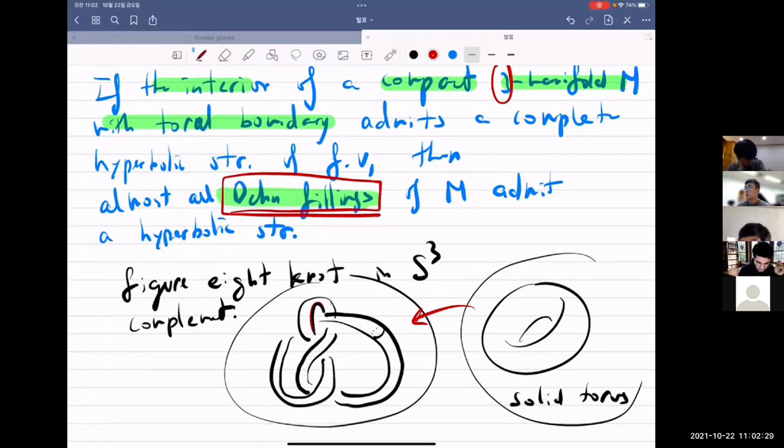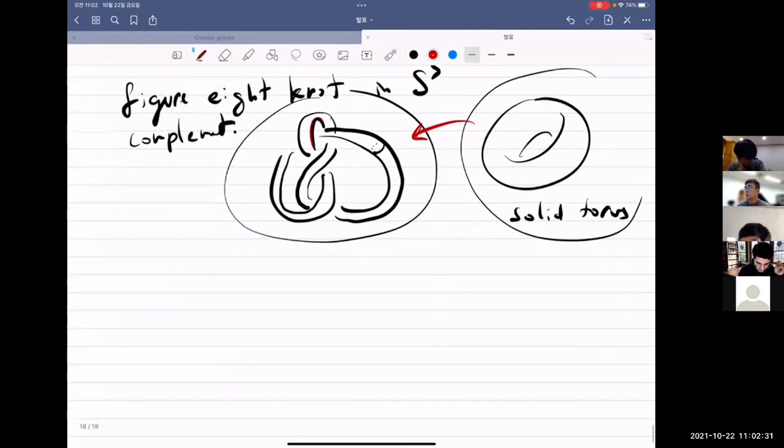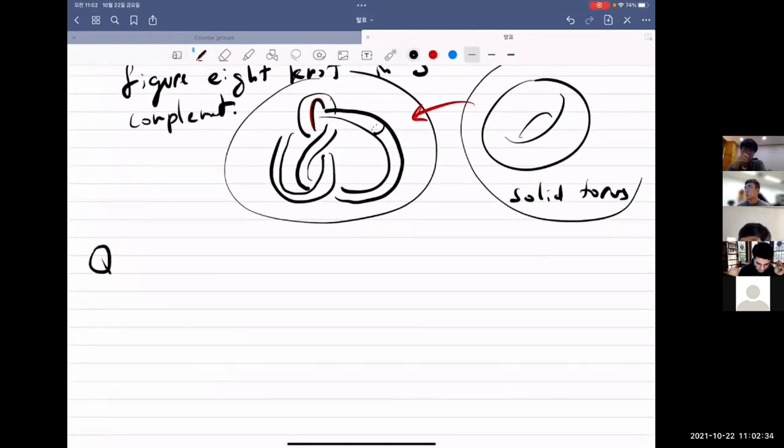Okay, so the hyperbolic structure we cannot do anymore. So how about the properly convex structures?